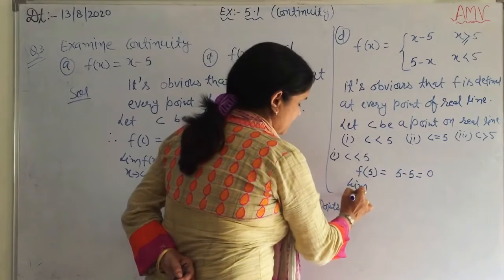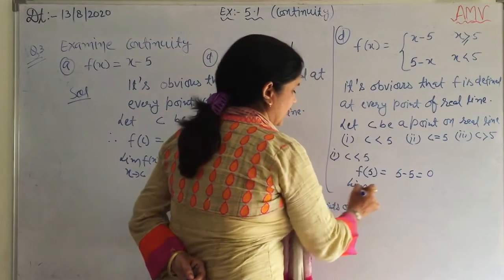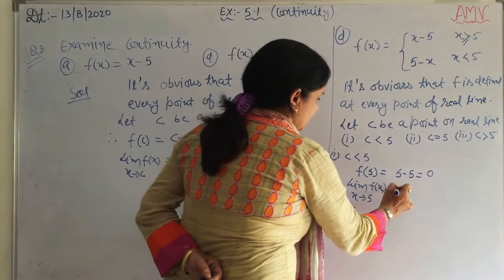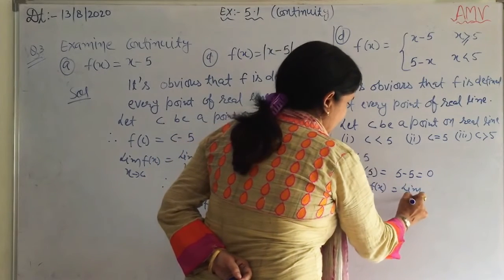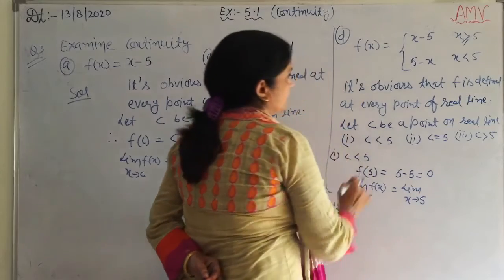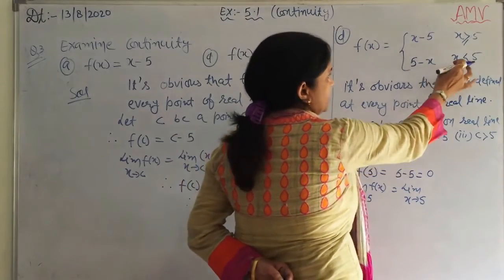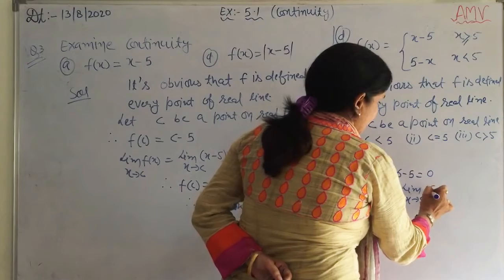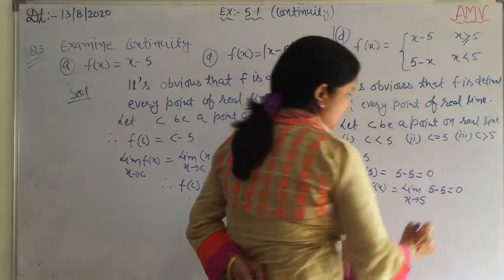Now the limit as x tends to 5 of f(x). You have to take this function, x less than 5, 5 minus 5, it's 0.